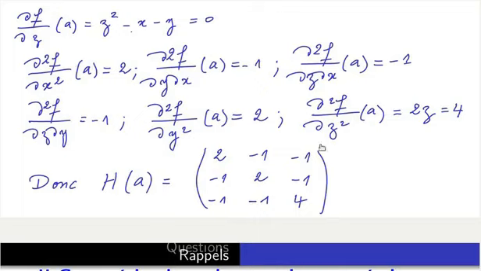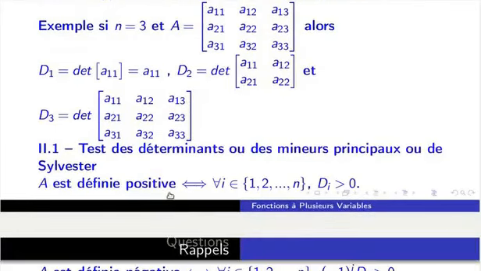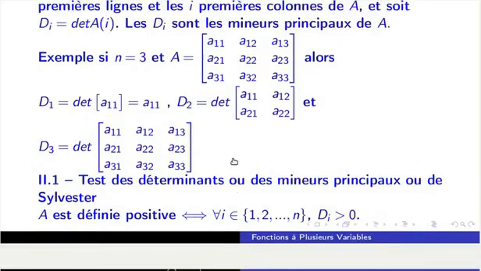We therefore need to know how we are going to determine if this matrix is positive definite. For this, we have a characterization called Sylvester's test, or the principal minors test, or the determinants test. So, what are the principal minors? I remind you.